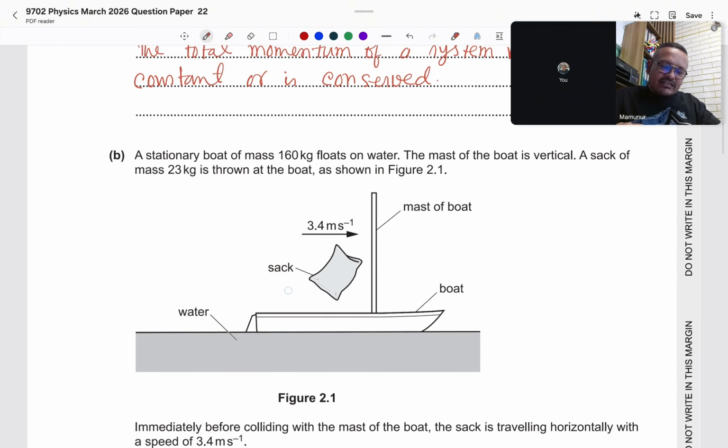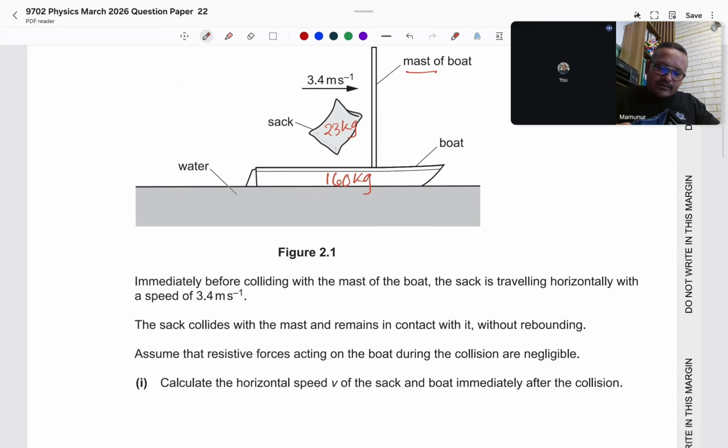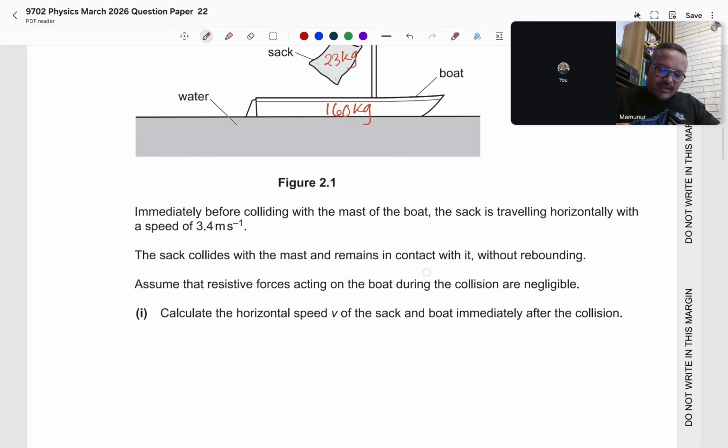B. A stationary boat of mass 160 kg floats on water. The mast of the boat is vertical. A sack of mass 23 kg. You can write the values on the diagram, so that it will be easy for you to calculate the other parts of the question.